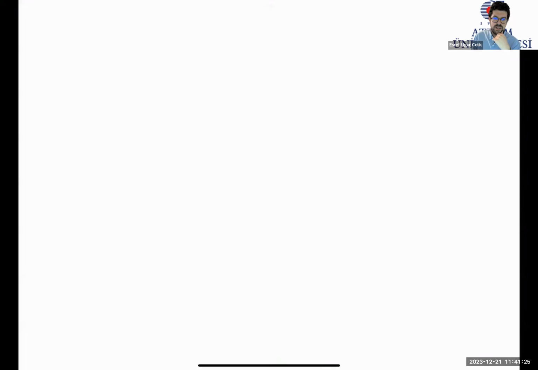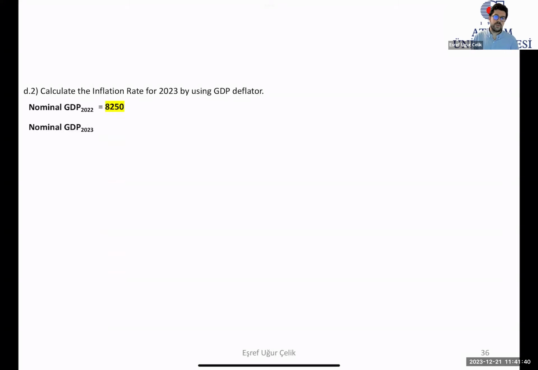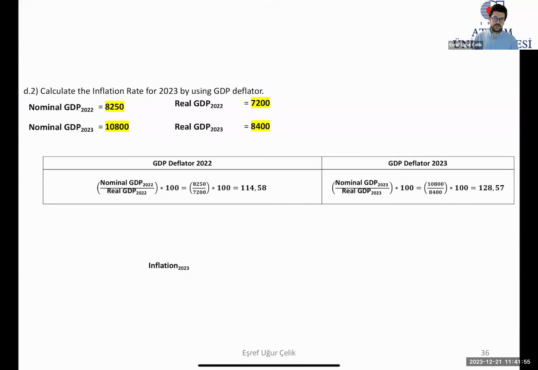And the last question is inflation for 2023. So we need to find GDP deflator 2022 and GDP deflator for 2023. Then we are able to use the inflation formula for 2023. Again, it's the percentage change formula.